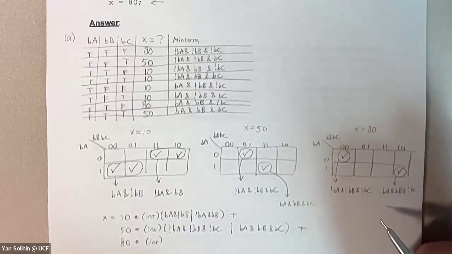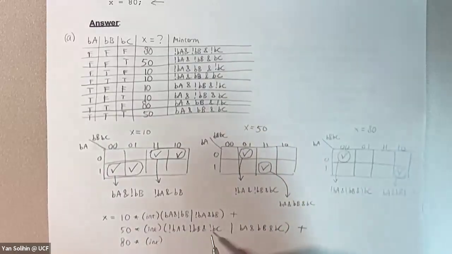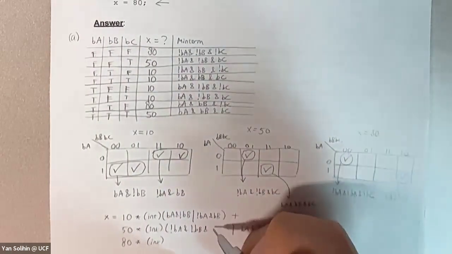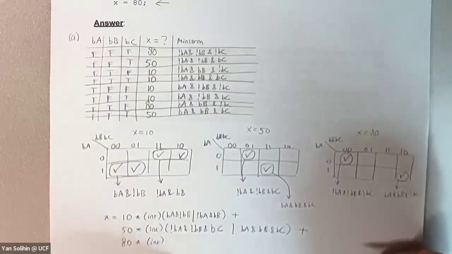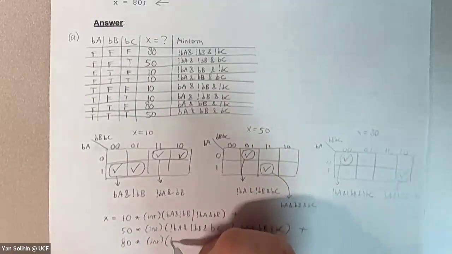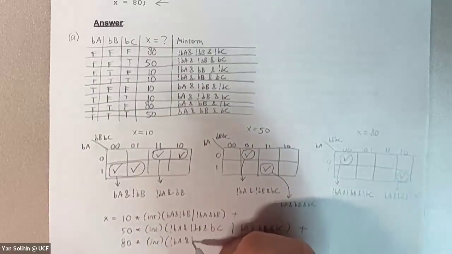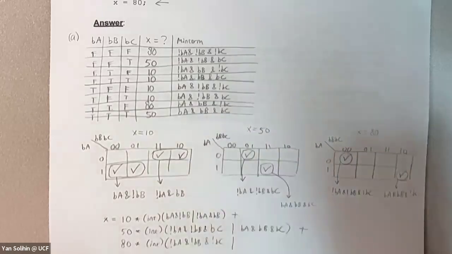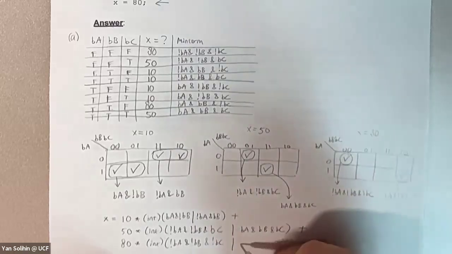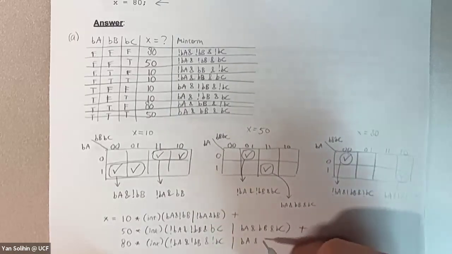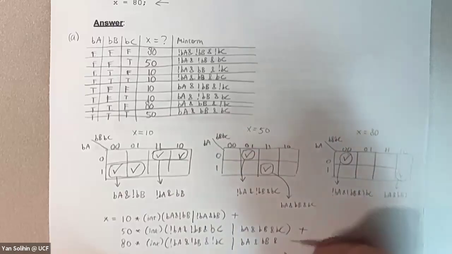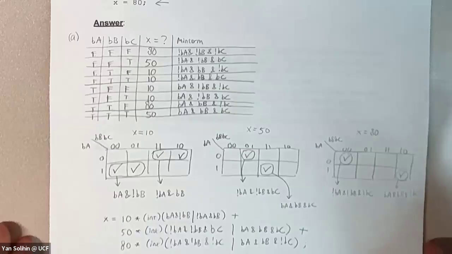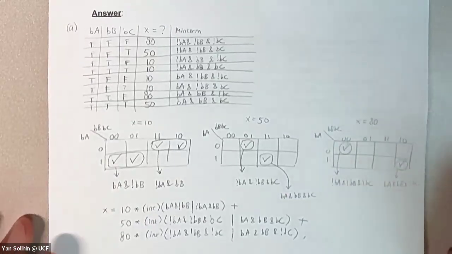Not BA, not BB, not, hold on, I think I made a mistake somewhere here. This is just BC. So here is not BA, not BB, and not BC. Or, and then the last one, BA and BB and not BC. Okay, that is the end for this problem.